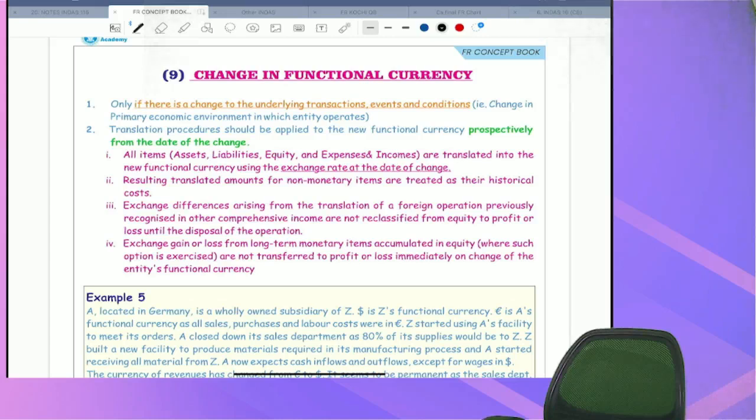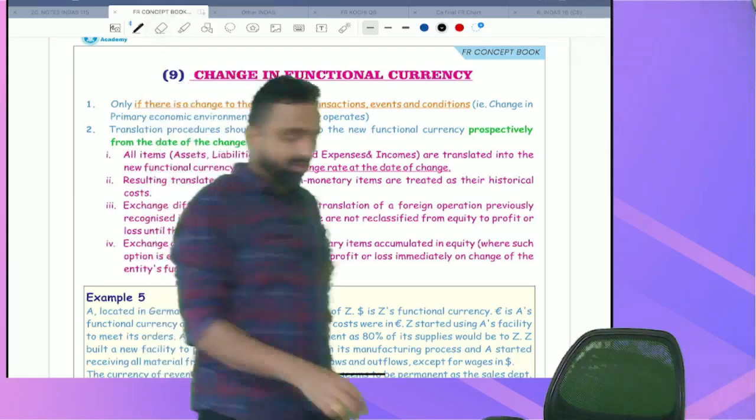Why? Because each and every item is converted at a single rate, so no scope of any exchange gain or loss. Whenever you change your functional currency, does any exchange difference arise? No, not at all. Understood now? Okay. So this is just the basic structure.